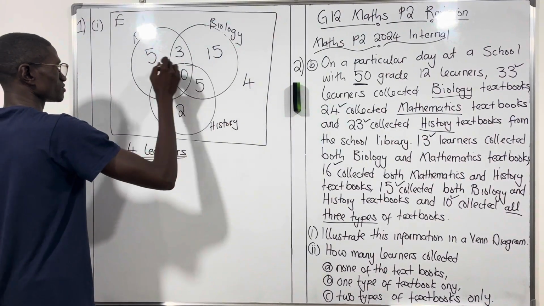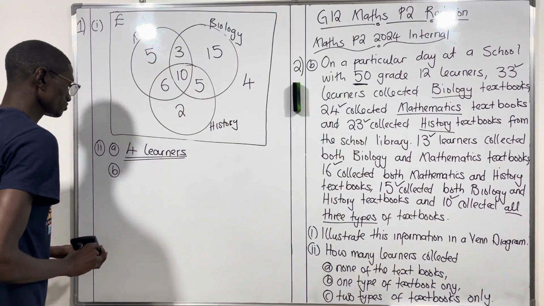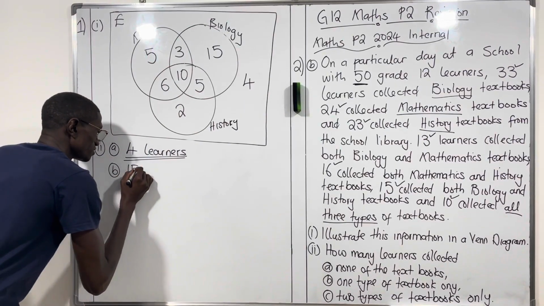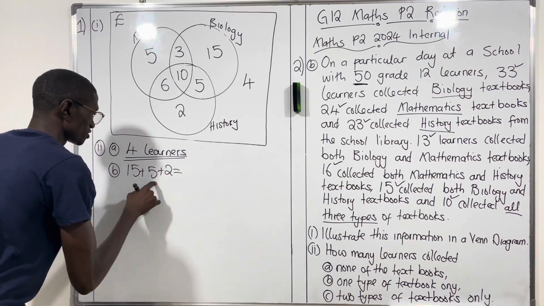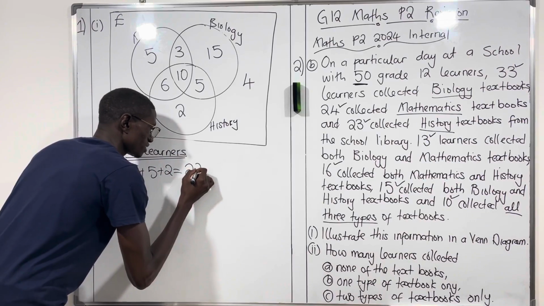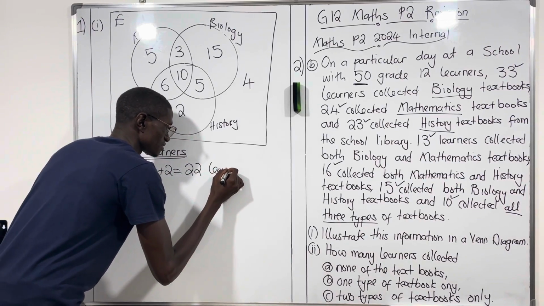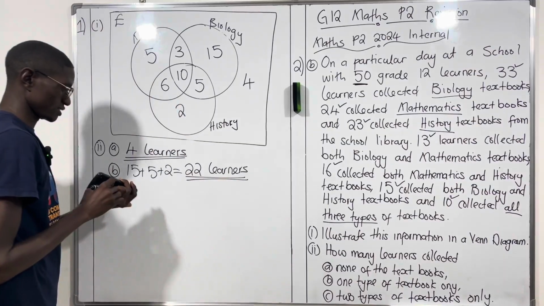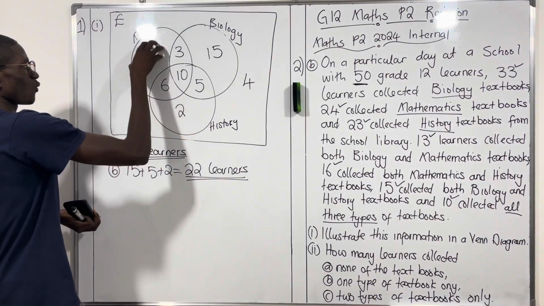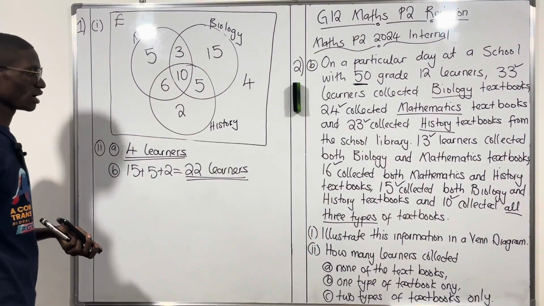So we simply say 15 plus 5 plus 2, giving us 22. So we have 22 learners, and you are done. These are the people who collected one type of textbook only.